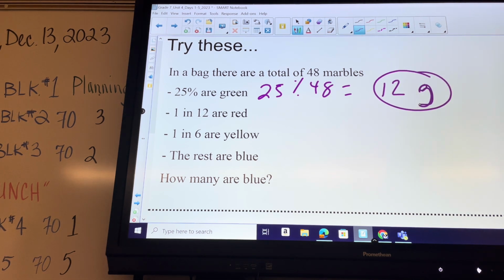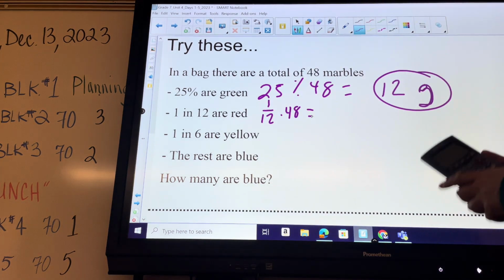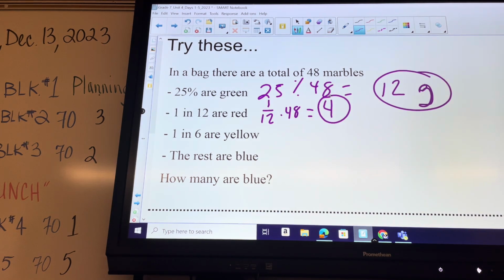Well, we know 1 out of 12 are red. When I'm thinking about how to do this, how would I figure that out? Well, a couple things I can do. The easiest thing to do is go 1/12 times 48. When I do 1/12 times 48, it tells me 4 red marbles. 1 out of 6 are yellow.